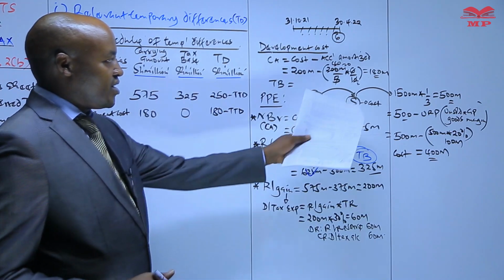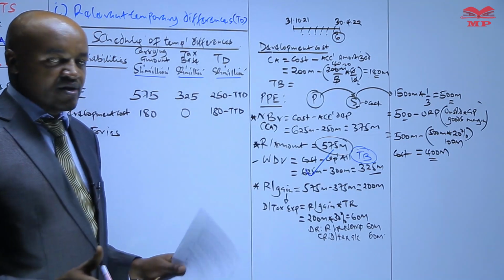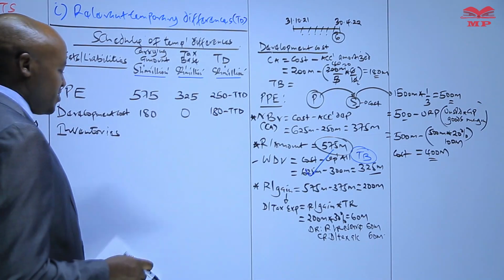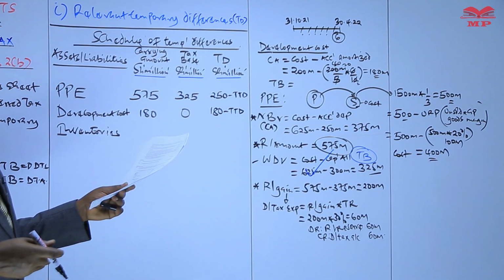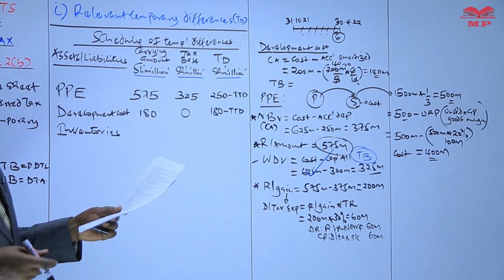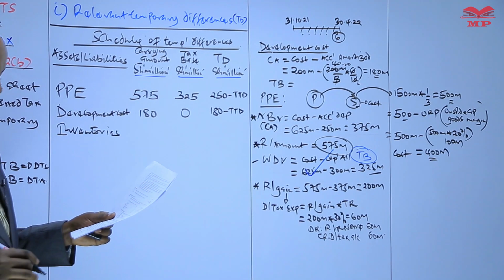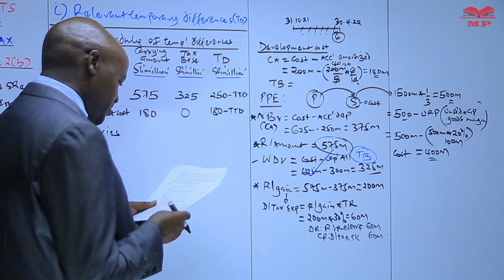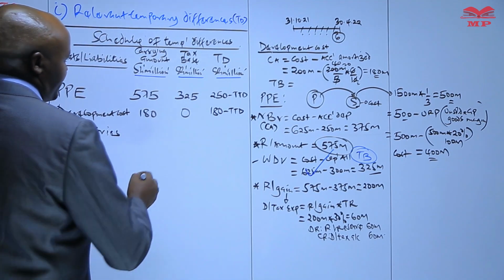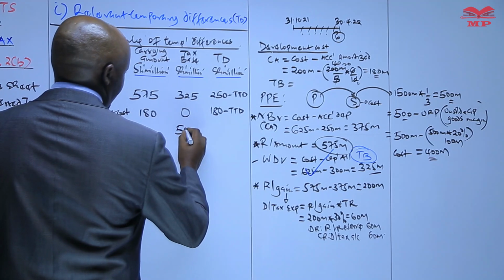So we know the selling price is 500 million, but the cost is 400 million. Therefore, these goods will be recorded in the statement of financial position at the amount which you have computed there. So in our case, we have the tax base, which is now 500 million.